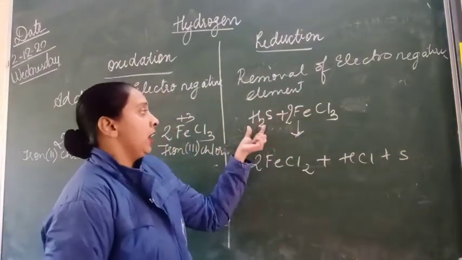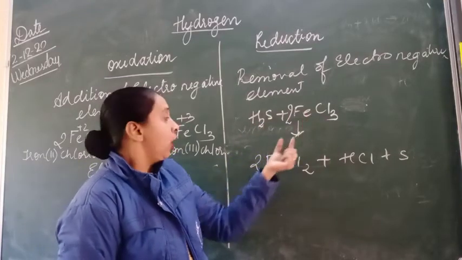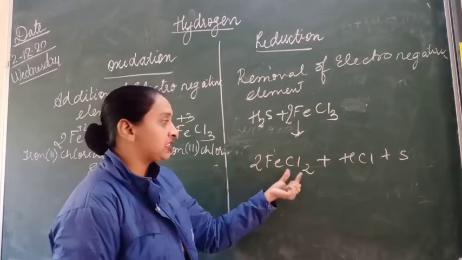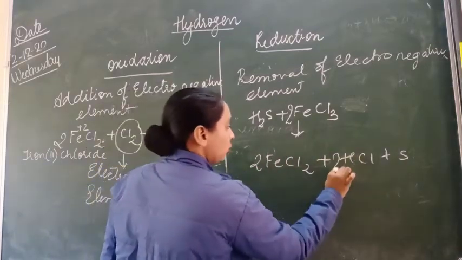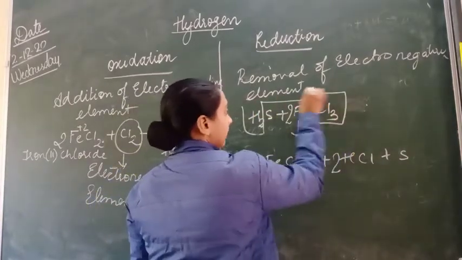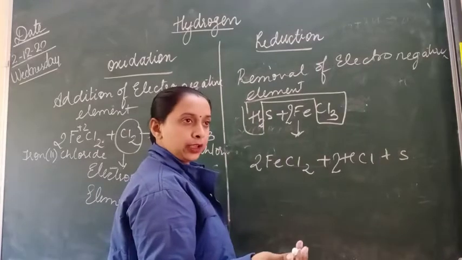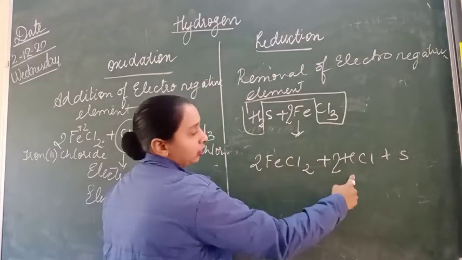Hydrogen sulfide, when you treat with iron 3 chloride, gives FeCl2 plus 2HCl. Here H and Cl have gone out in the form of hydrogen chloride. Okay, one chlorine is with iron, one chlorine here.